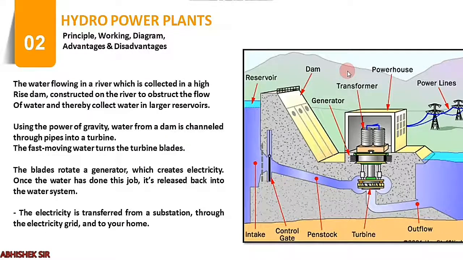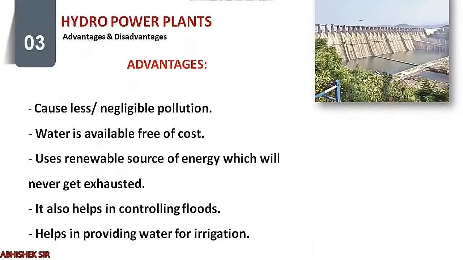Clear? Now let us see further the advantages and disadvantages of hydro power plants. The advantages are very nice as compared to other energy producing techniques. For example, it creates negligible pollution. Pollution is caused only when there is maintenance work or when the dam is being built. Water is available free of cost.